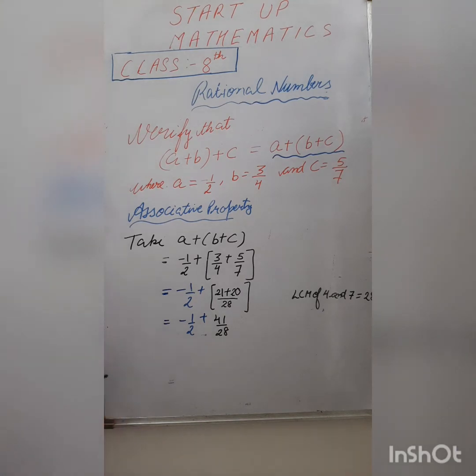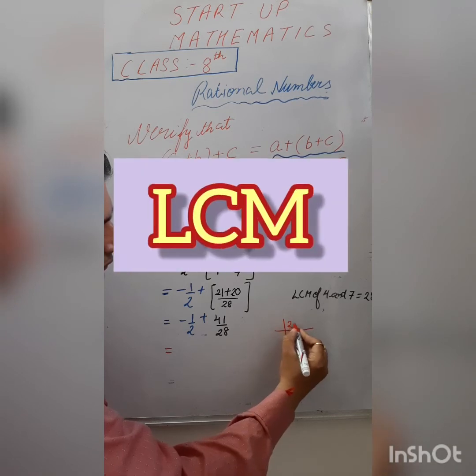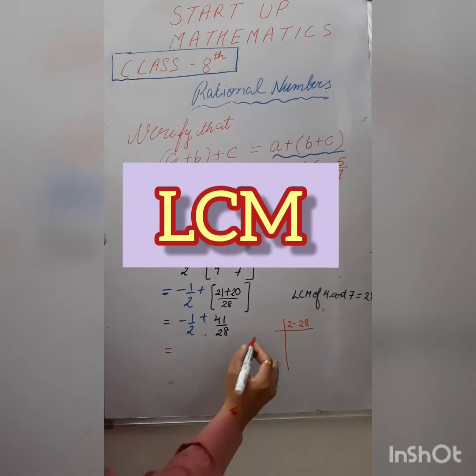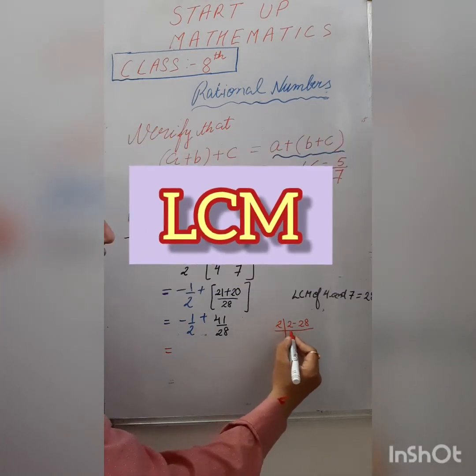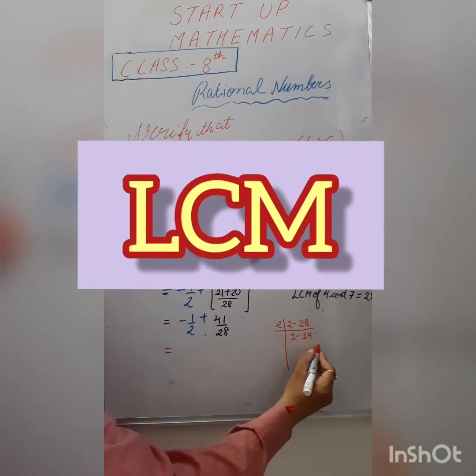Clear? Now you have to add these two rational numbers. Again the three rational numbers are reduced to two rational numbers. Now solve these two rational numbers. Here one is a negative rational number, the other is a positive rational number. Their denominators are 2 and 28. Firstly take the LCM of 2 and 28. Right? What is the LCM? Start with the first prime number: 2 ones are 2, 2 14s are 28.